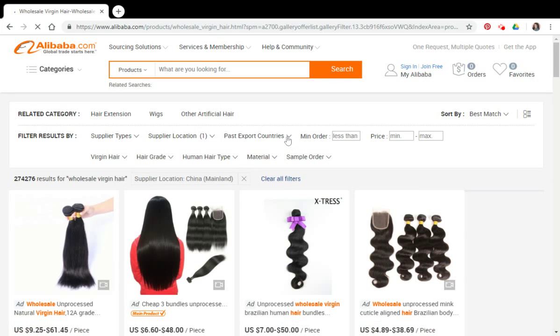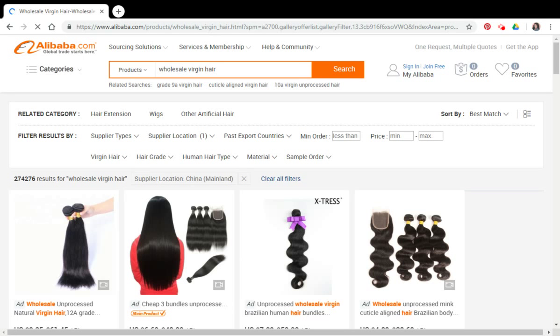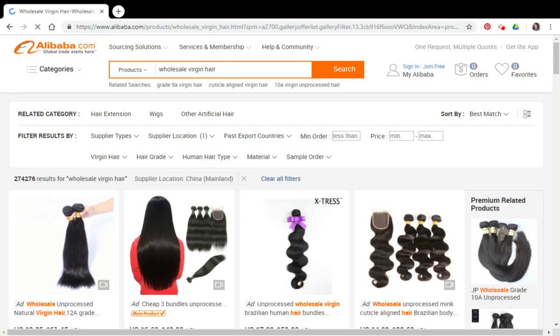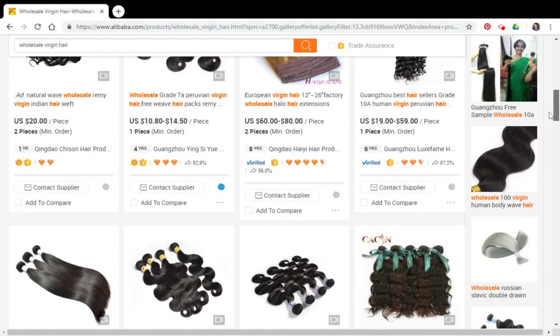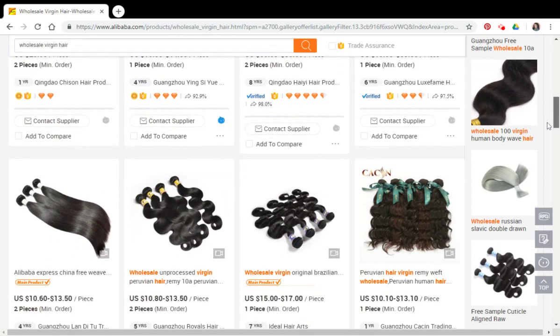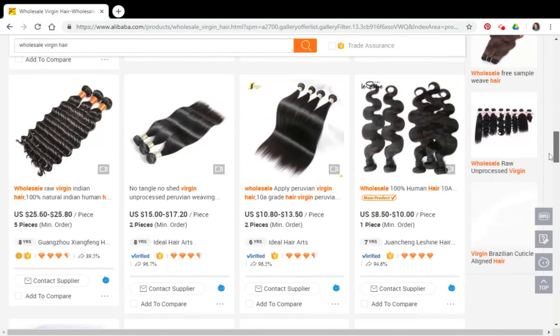And I should note that on Alibaba.com, there are Chinese vendors, Indian vendors, and Southeast Asian vendors. This is one of the most popular websites available to source hair.